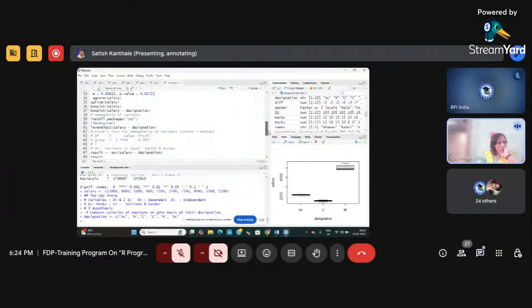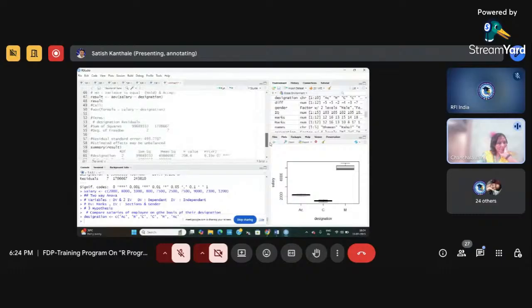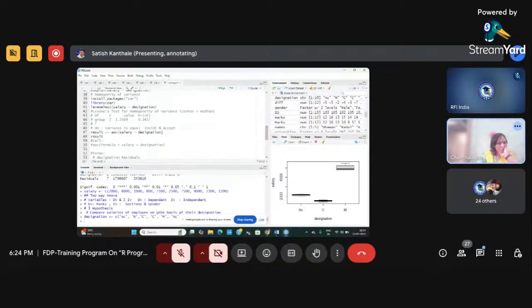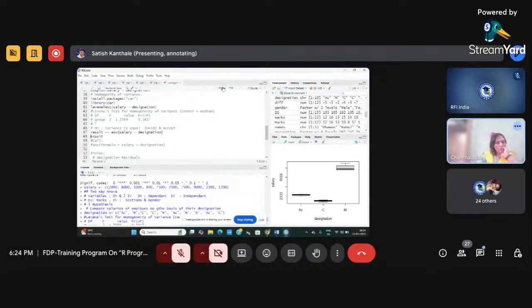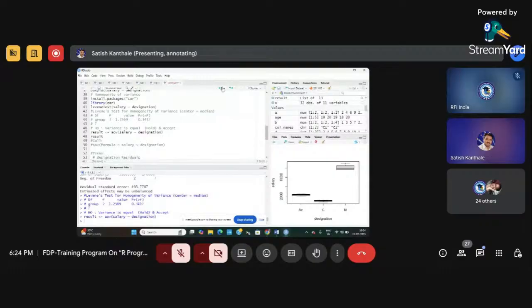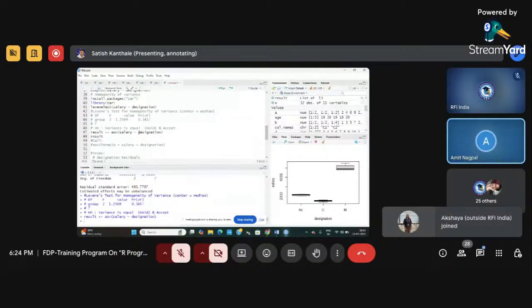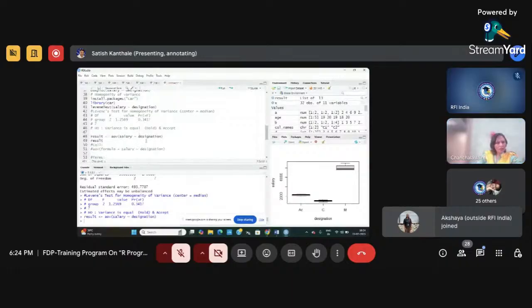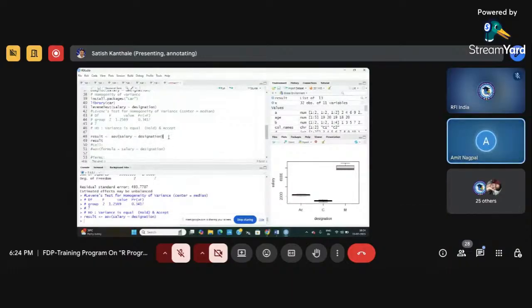Come to line number 47. Run this. Have you run 47? Yes, ma'am. It is showing you the space between salary and designation. It can be possible. No problem in that.